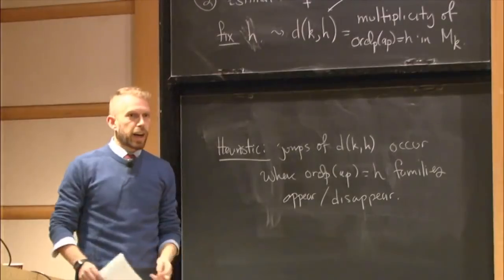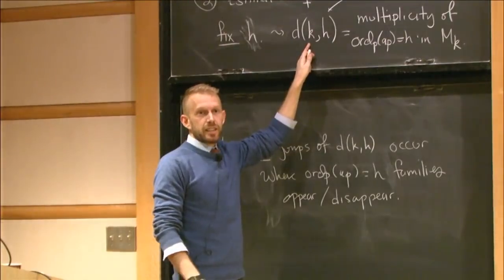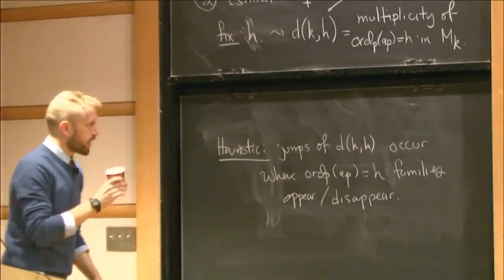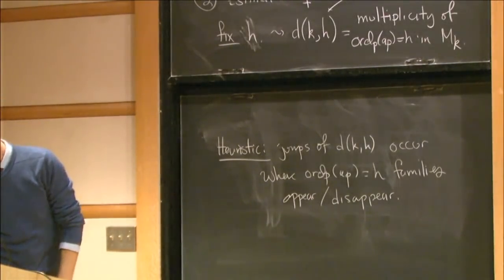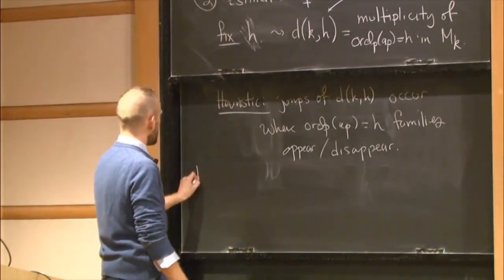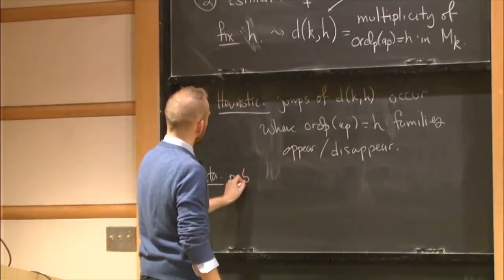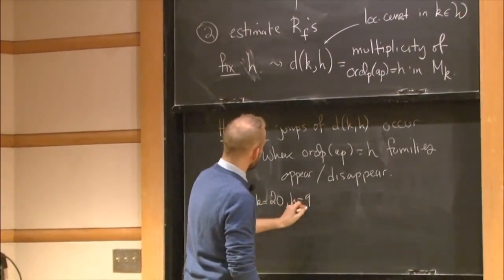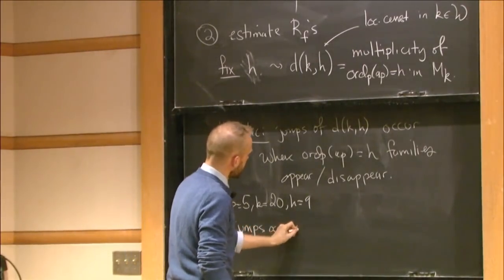So in order to estimate the radii, one thing you would do is just calculate these dimensions and start to see where they're jumping in size. And that's the kind of thing we actually can do on a computer. Okay, so what does the data say there? If you take the heuristic seriously, in the same situation, p is 5, k is 20, h is 9, the jumps occur.